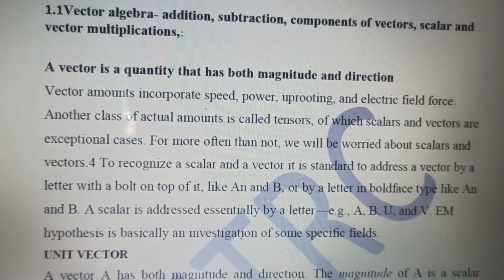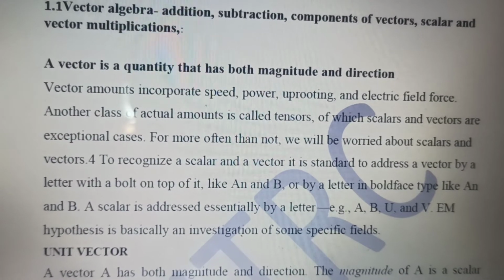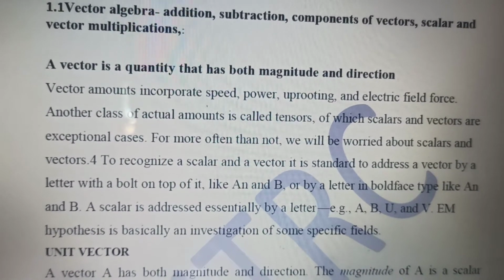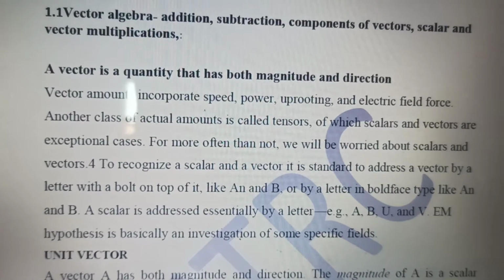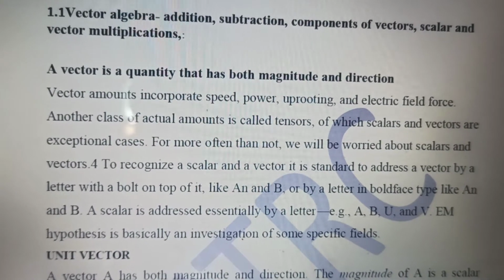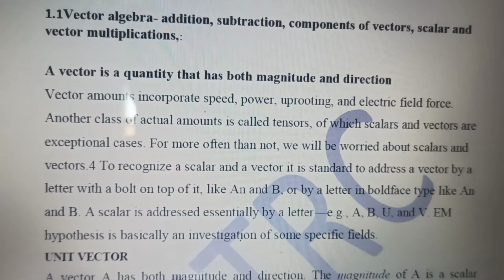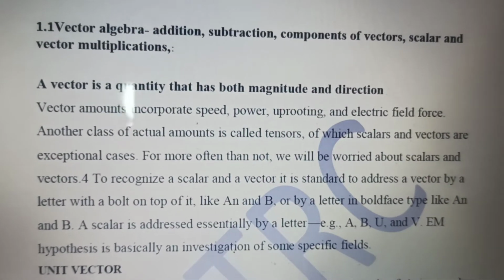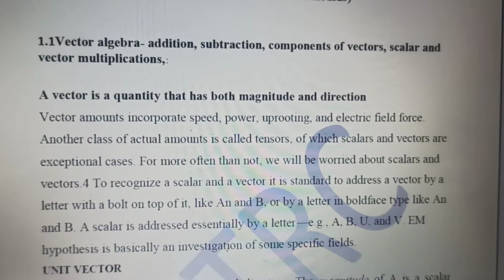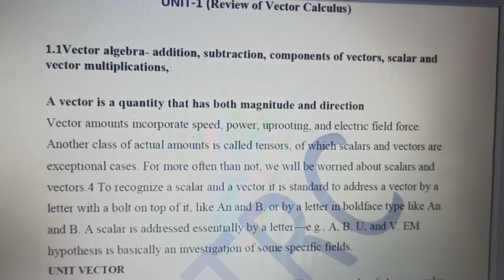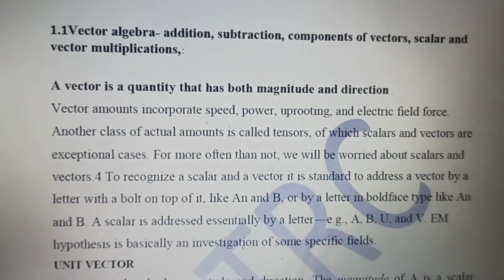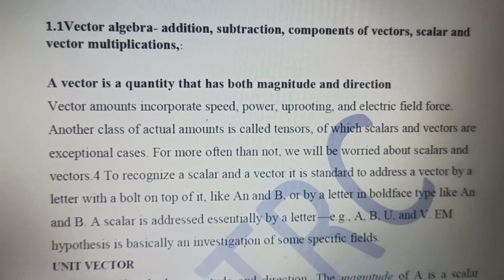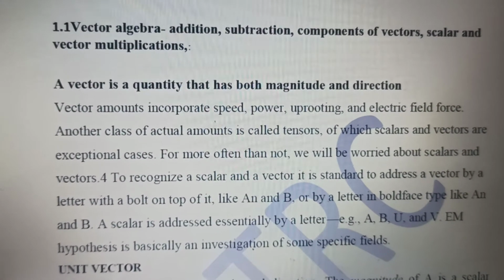A vector broadly explains physical quantities. If a vector is obtained, then we can obtain the curl of a vector, the divergence of a vector, and the gradient of a vector.